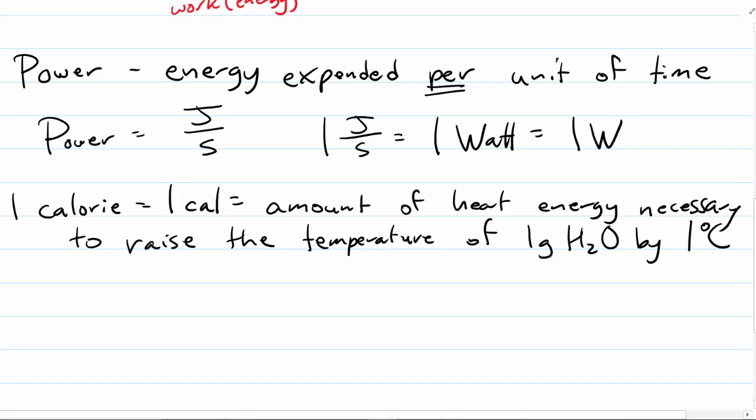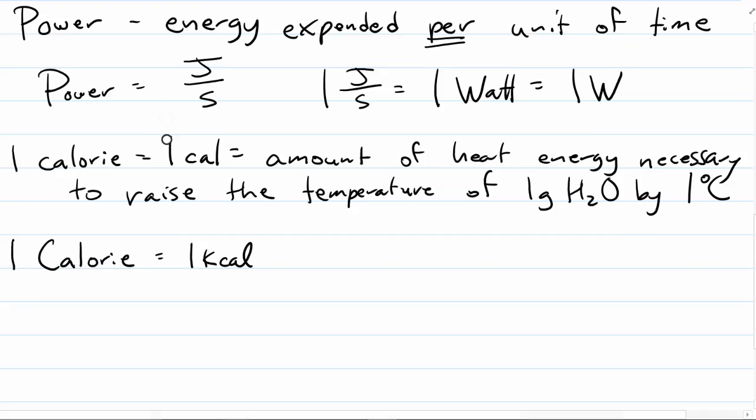Now, you've probably heard of calories where? Foods, of course. But the calories that we use for food are not calories, they are actually kilocalories. Another way to write a kilocalorie is with a capital C, so this is where case is going to matter, which is the same as 1 kcal, and this is the nutritional calorie.